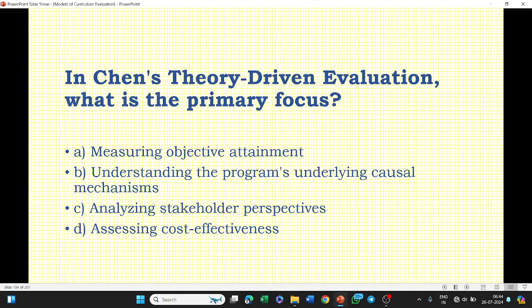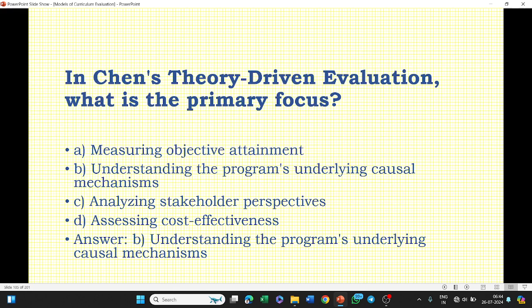In Chen's theory-driven evaluation, what is the primary focus? Options: measuring objective attainment, understanding the program's underlying causal mechanisms, analyzing stakeholder perspectives, assessing cost effectiveness. Answer of this question is option B, that is understanding the program's underlying causal mechanisms.